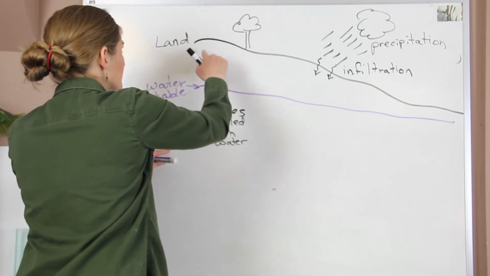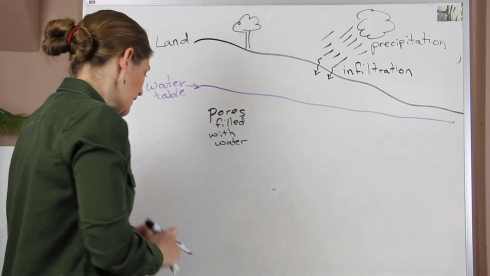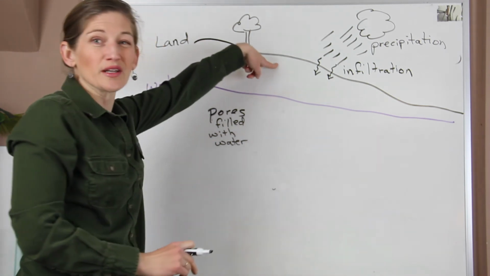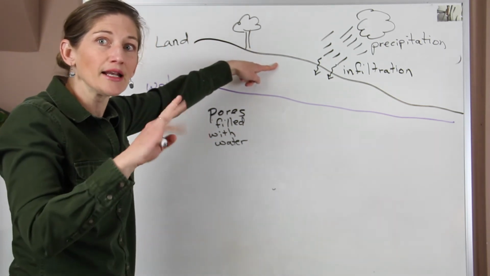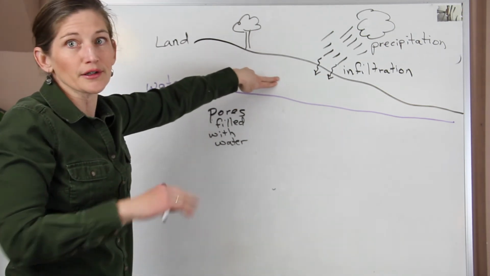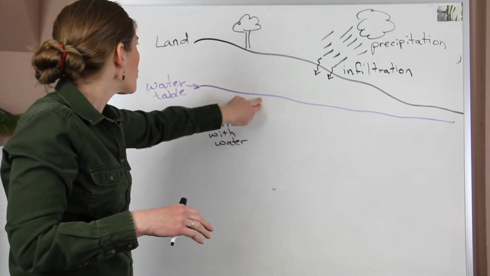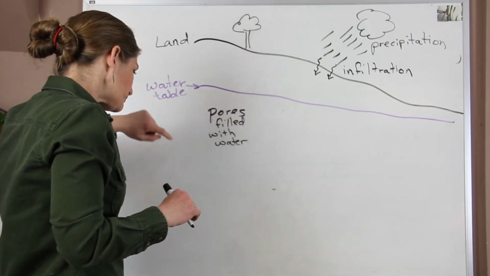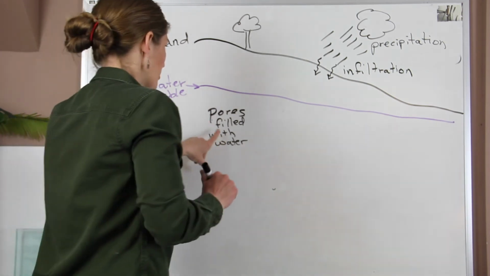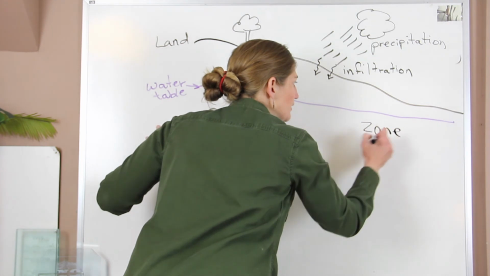Above this is our area of aeration. So the pore space right at the surface is going to be mostly filled with air and a tiny little bit of water around the grains. And as we go down, the amount of water in the grains is going to start to increase until we get to that water table. We kind of transition. So this area down here where the pores are all filled with water is called our zone of saturation.